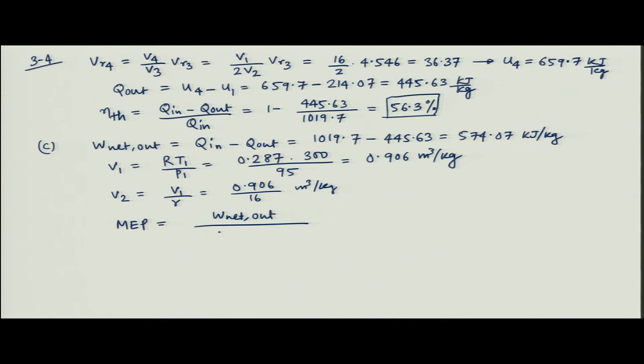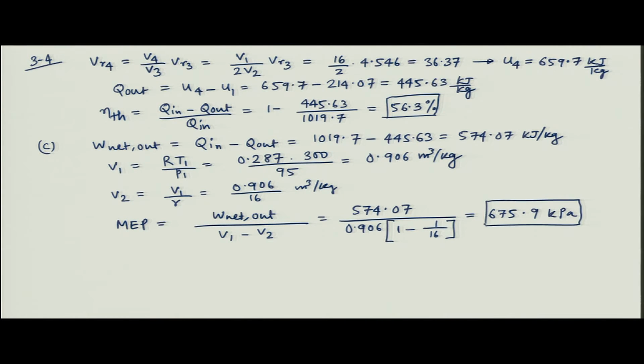So, I can write it as 574.07 divided by V1, which is 0.906, minus V2, which is 1 over 16 times 0.906. So, finally, you will get this as 675.9 kilopascal. So, that is the third part of this problem.